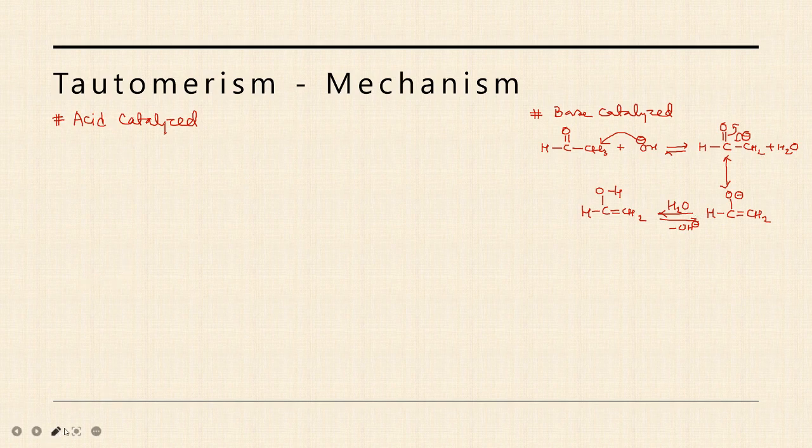In the case of the acid catalyzed mechanism, we observe a different take. So we start with this form, the keto form, and it is being treated with H plus. Now where will H plus go? Oxygen will take up this H plus.